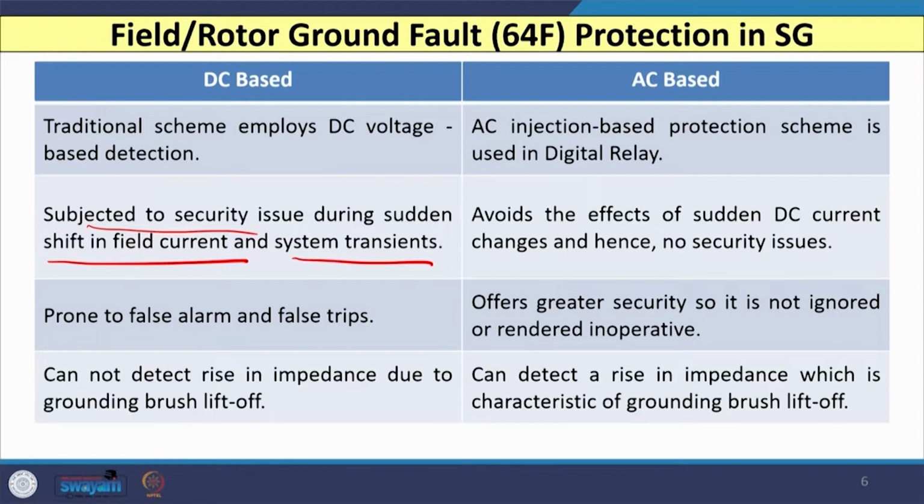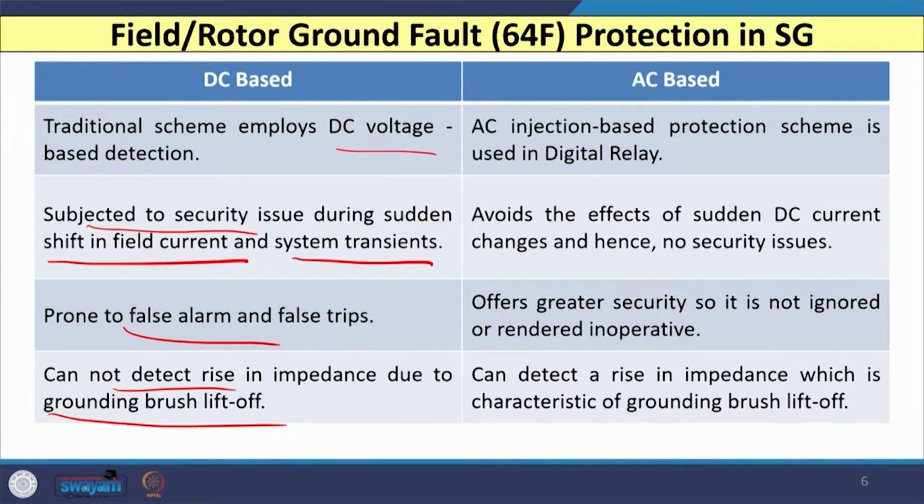It may also issue a false alarm and false trip in case of transients or sudden change in field current, and at the same time it is not able to detect any increase in the impedance because of the grounding brush lift off. So, in this case this type of scheme may fail.